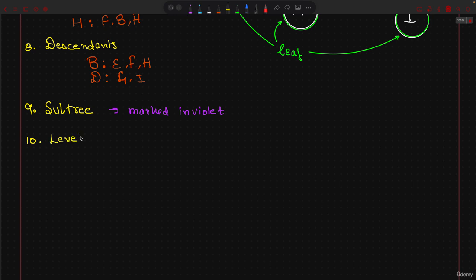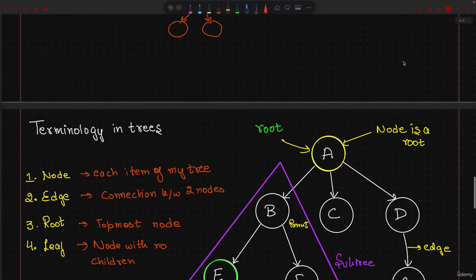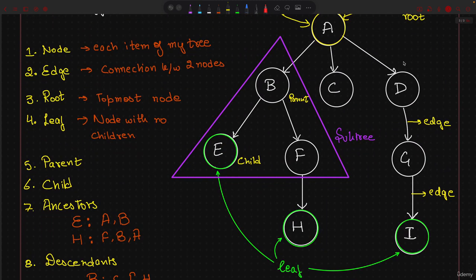Now, there are a few more terminologies, but I will be introducing them as and when we understand how to find them. Okay, so I don't want to confuse you a lot. Level is something where we say that our root is at level 0. So for level, let me try to draw it as well. I know this will be a very information heavy diagram, but I'm pretty sure you will understand it.